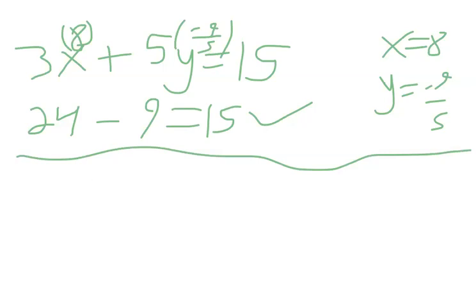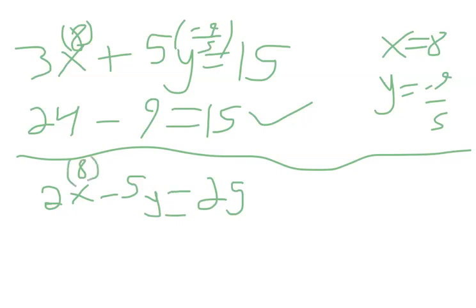Let's see. So you have 2x minus 5y. It's going to be 25. If you plug in 8 here and negative 9/5 here, let's see what we get. You should get 25. 8 times 2 is 16. And the 5's are going to cancel out.